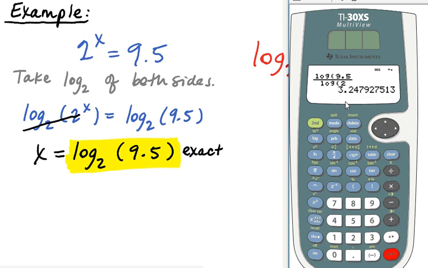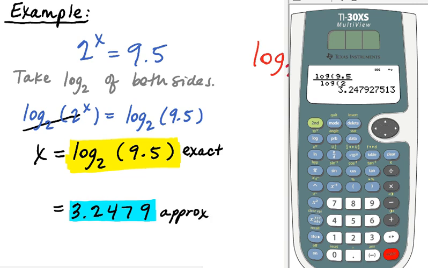We're going to get 3.2479. And this value is what we're going to call an approximate solution. There will be a blank on each question to say, here's the place where you put your exact answer, and here's the place where you put your approximate answer.